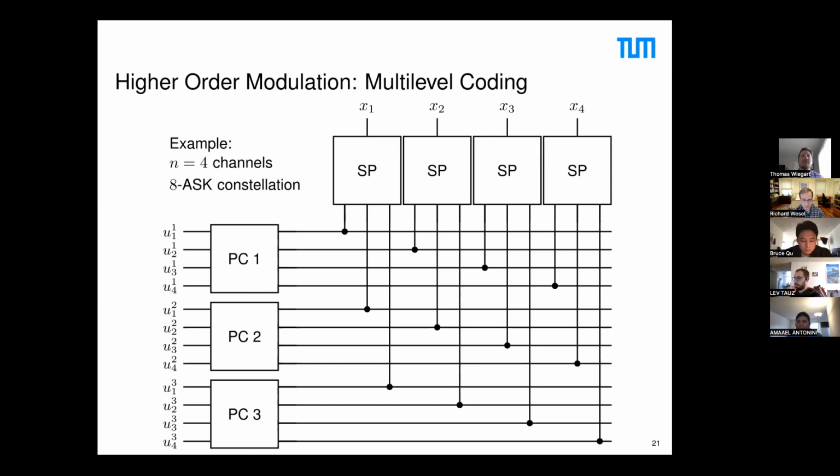Asymptotically, standard polar encoding can be done in big O of n log n, and successive cancellation decoding also needs n log n. But of course, the decoding is usually way more complex than the encoding, so the prefactors are way higher for the decoder.